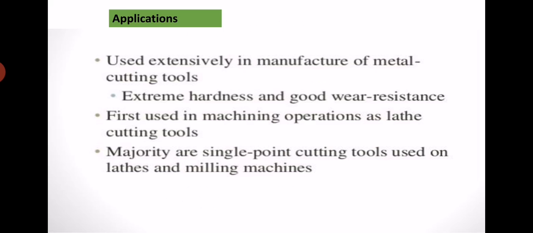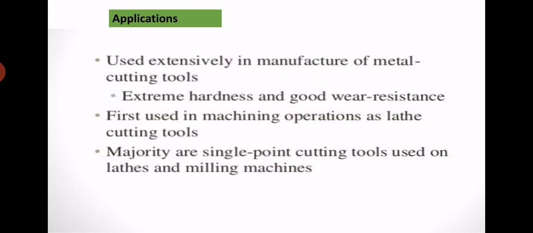Here, this tungsten carbide we are extensively using in the manufacturing of cutting tools. Just as I showed at the beginning of this topic, that is drill bits, tungsten carbide milling bits, which we are using in drilling machines.